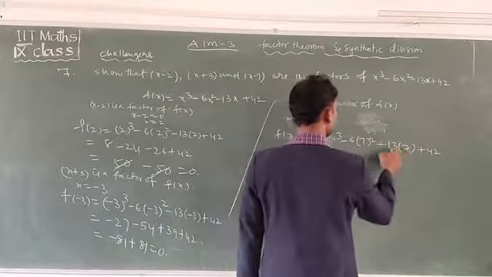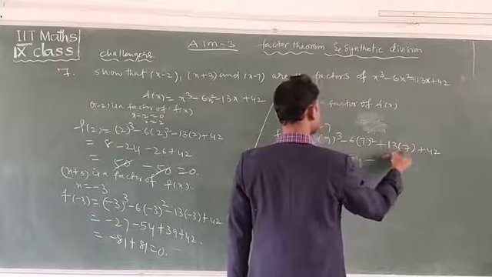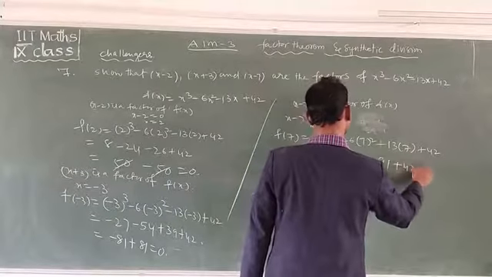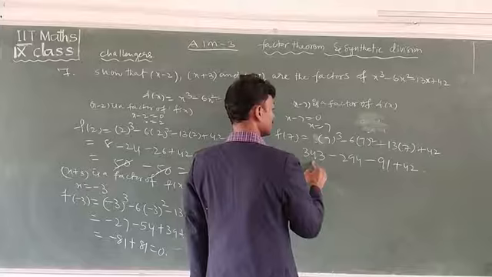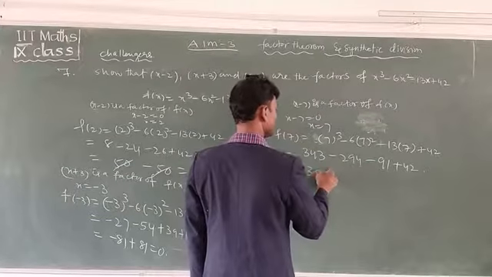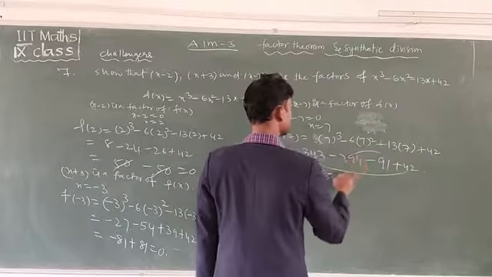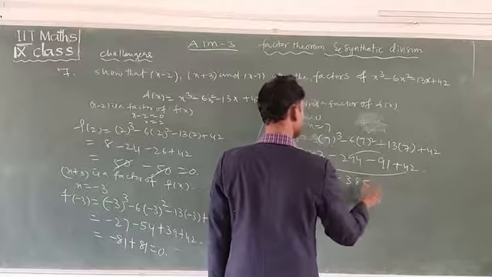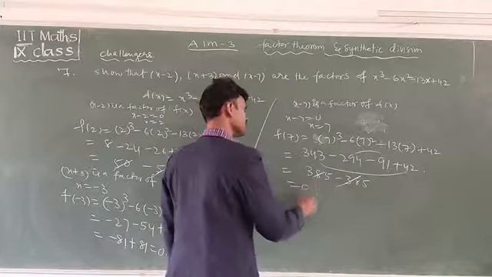Next one is 13 into 7, 91, plus 42. Now this is 385, and this is also minus 385. This is also cancelled, it's 0.